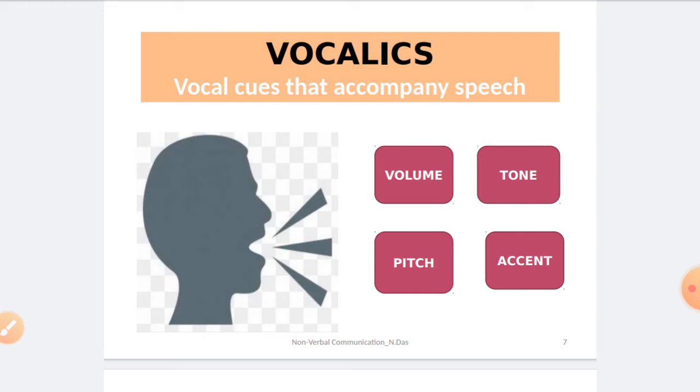These vocal elements that accompany speech enhance the verbal meaning, whatever we say, our utterance. For instance, a loud projecting voice of an individual may indicate dominance or authority, and a low and very soft pitch voice may indicate submission. So vocalics or the paralinguistic features are also a very important aspect of non-verbal communication.